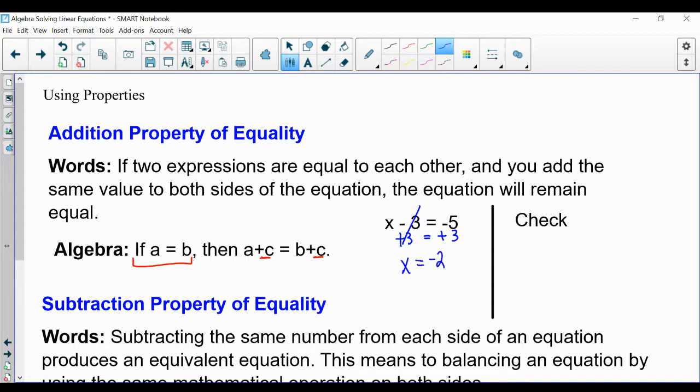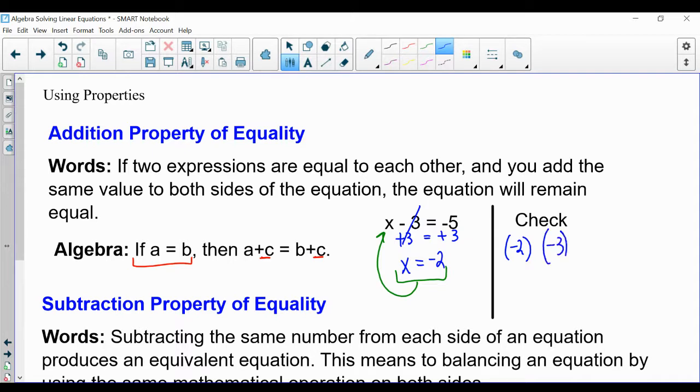I want to check my solution, so I'm going to substitute my solution back in where the x is. When I do that, I have a negative 2, that's where my x is, and then I have a negative 3 as well.